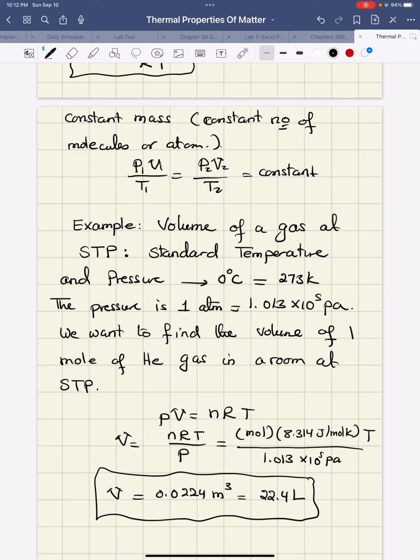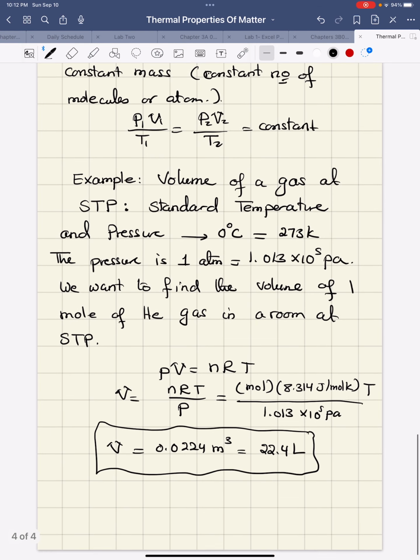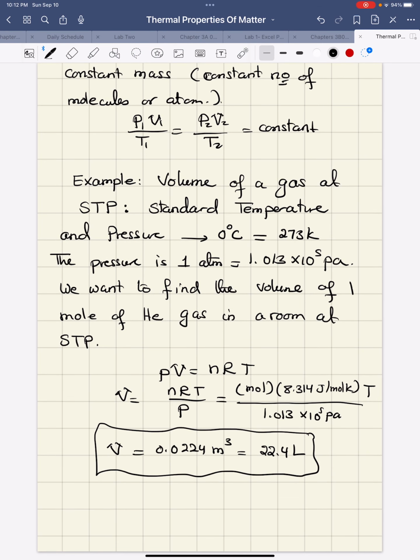And actually this is really for any gas that can be considered ideal at STP.